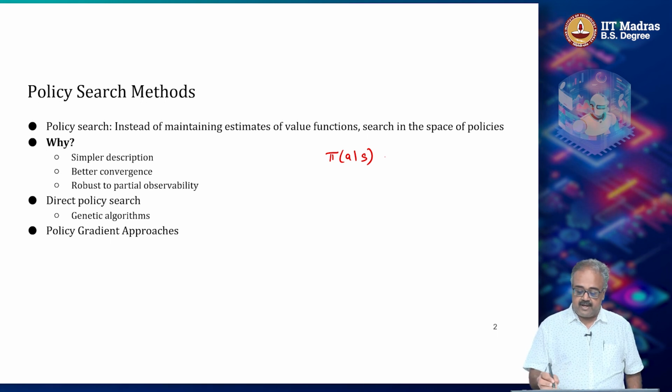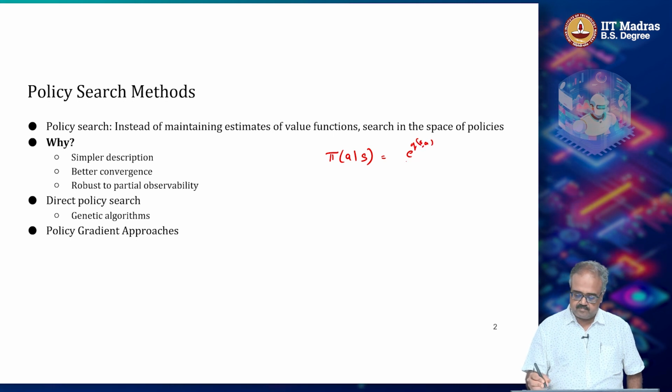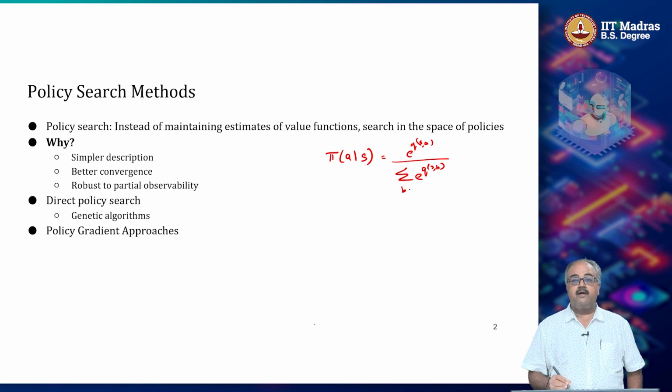Instead of saying that pi of A is coming from e power q of s comma A divided by summation e power q of s comma B, we don't have the q function anymore.